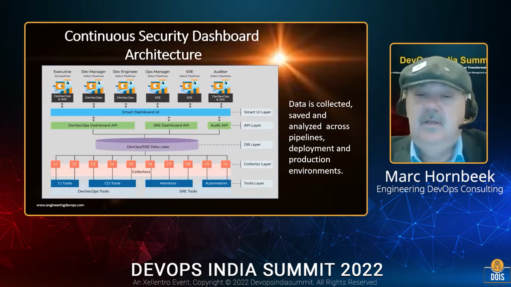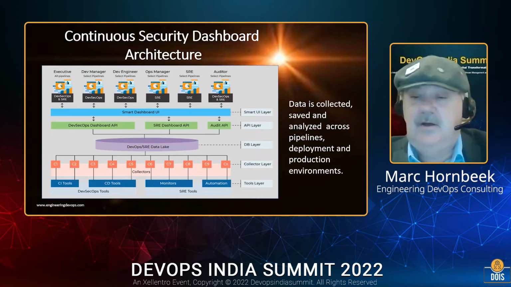The blueprint here shows how a continuous security dashboard can be architected to provide enterprise-wide visibility over DevSecOps level development environments and also SRE ops production environments, more than what is derived from individual security tools.